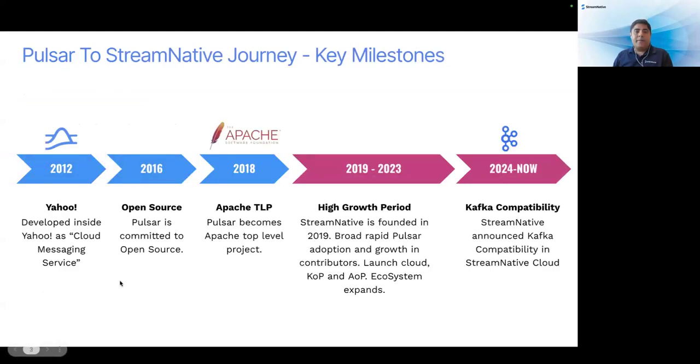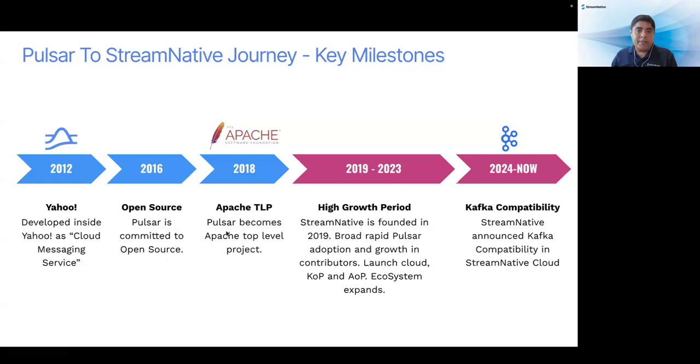So again, just for the benefit of folks who are not familiar with StreamNative, here's a quick journey with milestones. StreamNative is a company created by the founders of Apache Pulsar. Back in 2012, Apache Pulsar was created as a technology at Yahoo, and then it was open sourced in 2016.